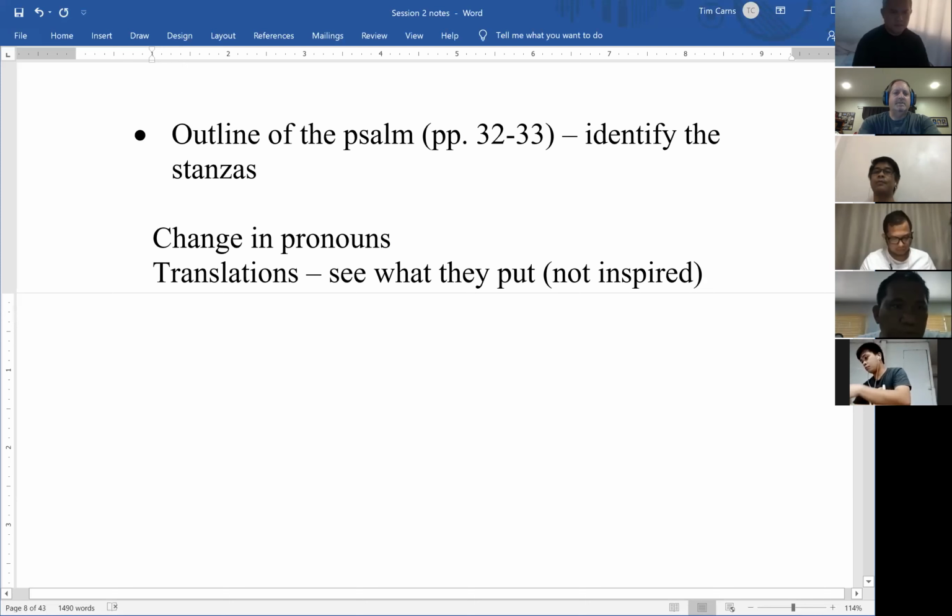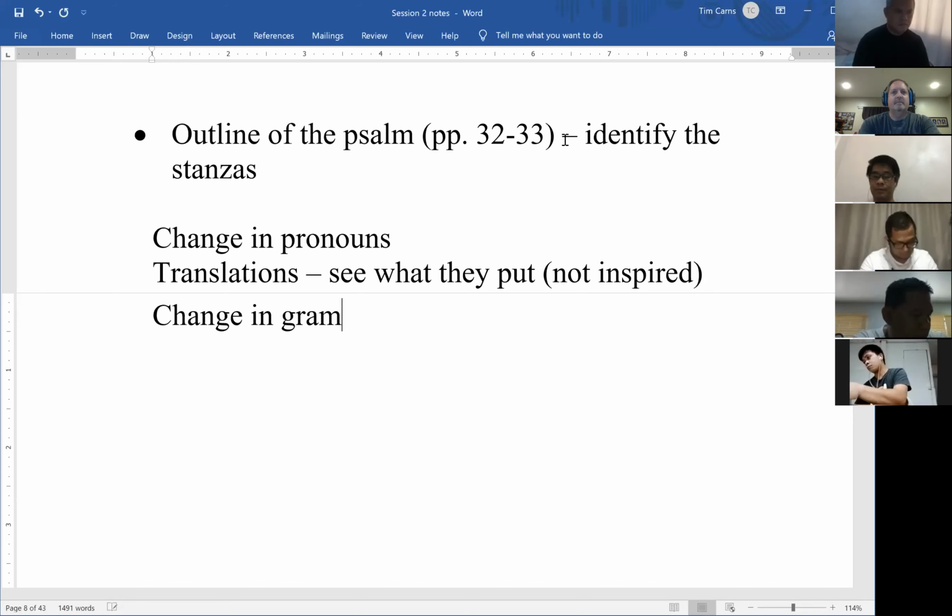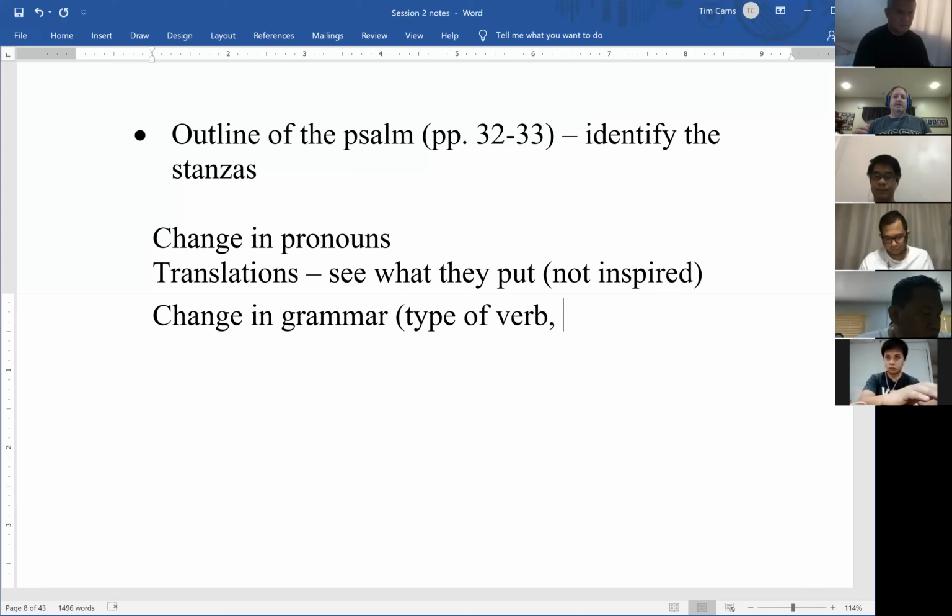Yeah, is there a change in grammar, meaning the type of verb? Is there a change in the type of verbiage? There are some psalms where you'll see imperatives, and then an indicative, or some psalms where there may be very few verbs used, and then you'll see a lot of verbs. There is also a change in grammar in this psalm, and we'll talk about that in a minute.